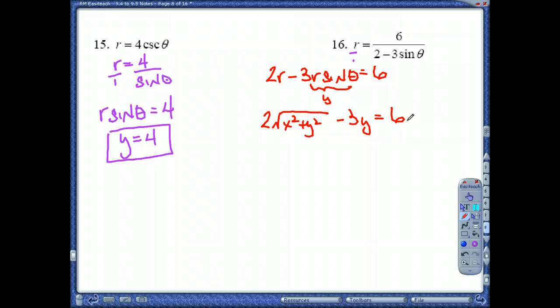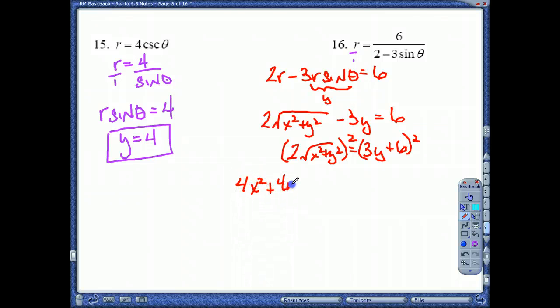We are going to continue to see if we can get this to look like one of our special conic sections. Seeing how we can't solve it for y, we might as well try to make it look decent some other way. So I'm going to add 3y to both sides. I'm going to square both sides. So that gives me 4x squared plus 4y squared.